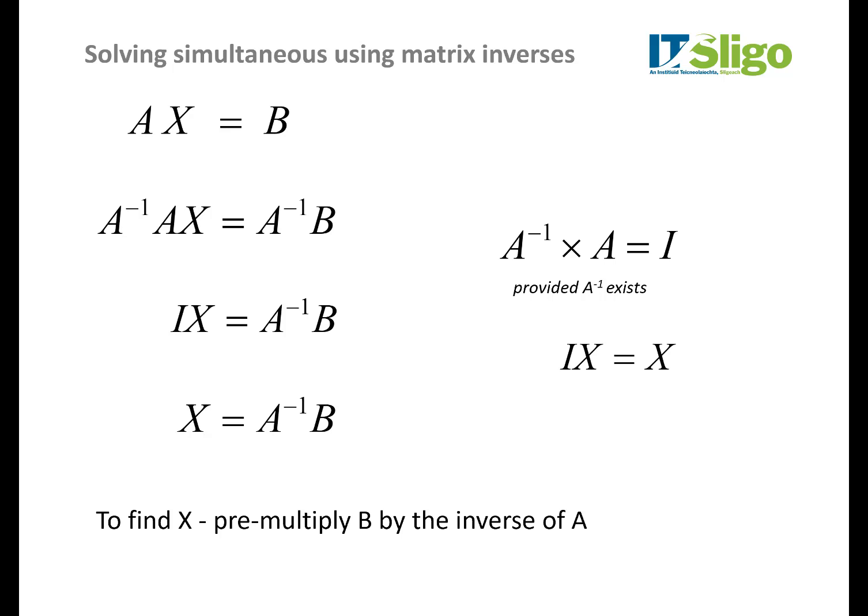So now we'll take a look at this translated back. In order to find x, I have to find the inverse of A and then multiply that by B, which, if you remember, B was the answers. X was the xy matrix and A was the coefficients of the equations.